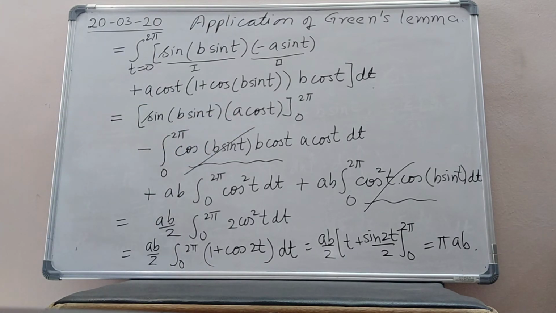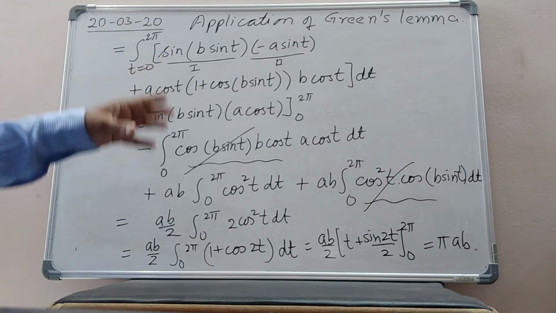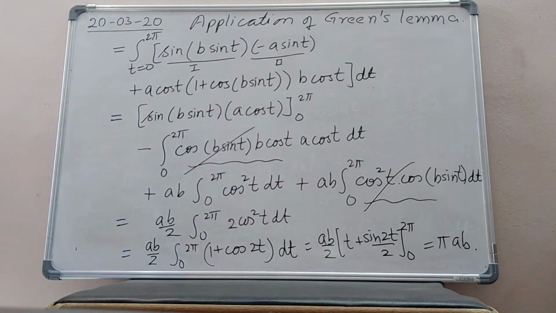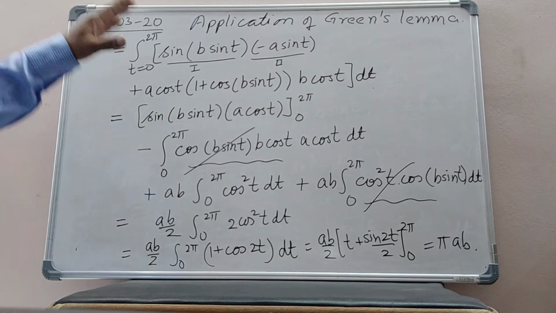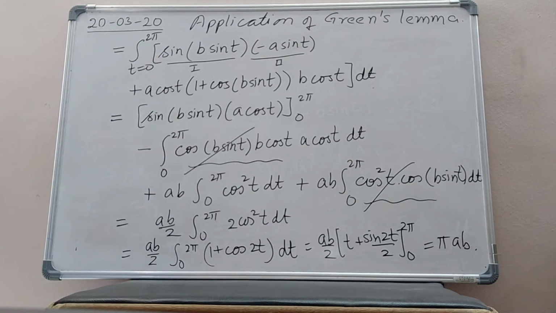So it's the same answer as you get when you apply Green's lemma. So when we applied Green's lemma, we had got this as the value, but the calculations in that case were easier. If you're doing it directly, the calculations are proving out to be more tedious.